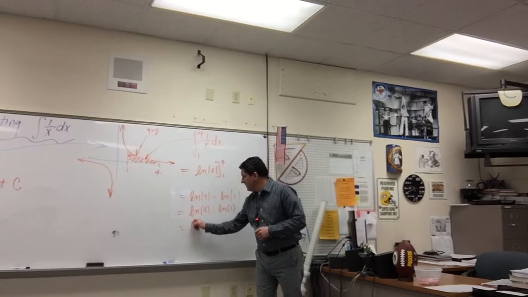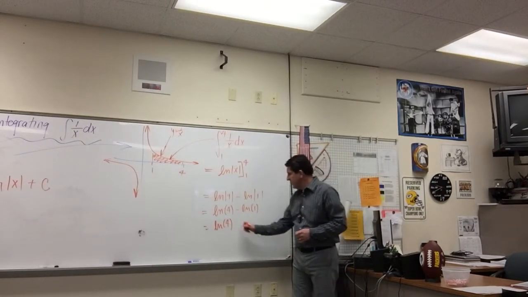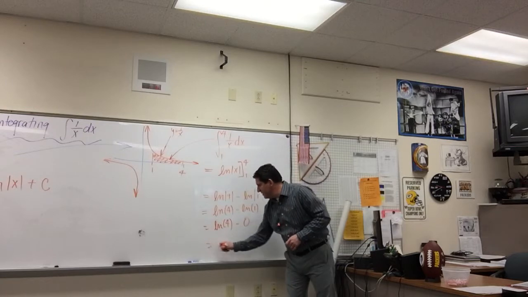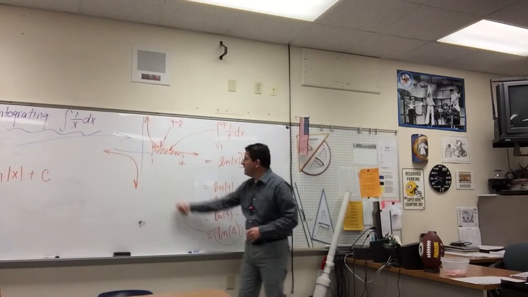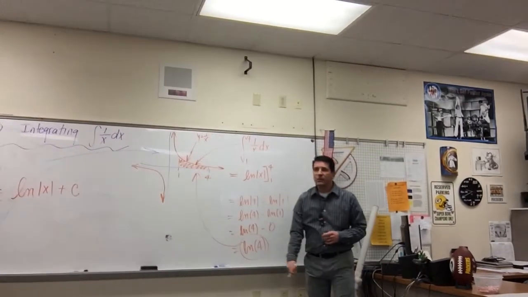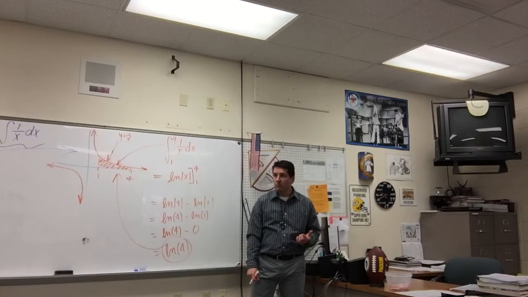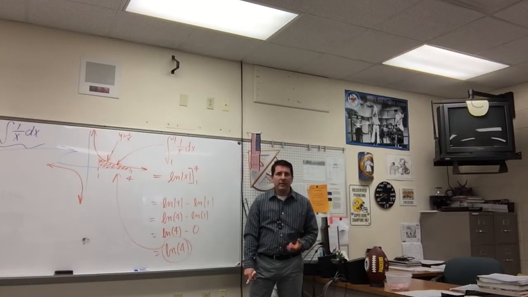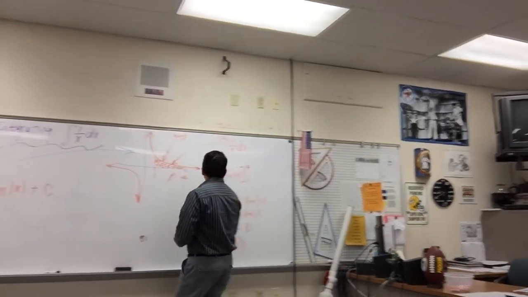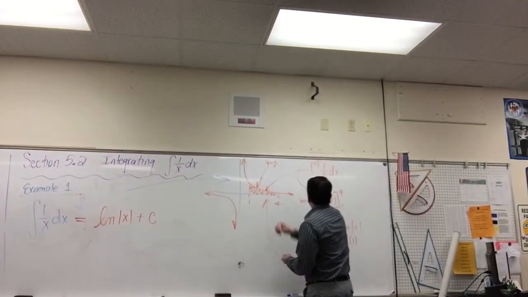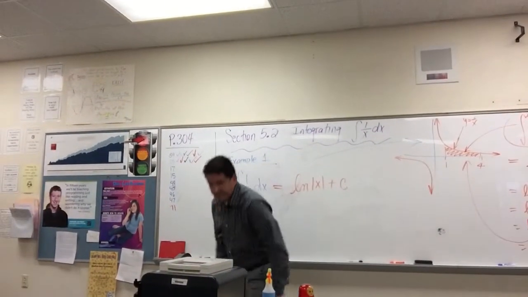So this is natural log of 4, minus 0. So it's equal to the natural log of 4. That means this answer right here is the natural log of 4. All right. Let's prove it using the calculator. So go find the answer to this and prove that it's equal to the natural log of 4.